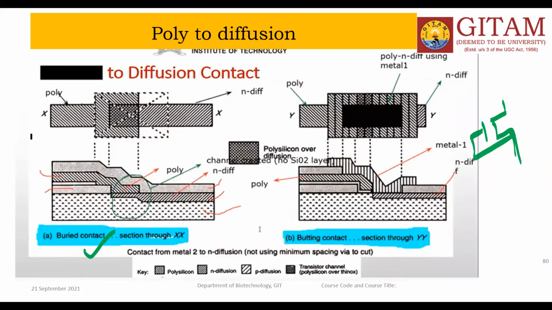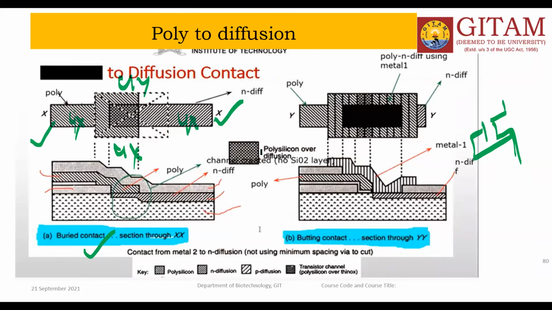So this is the poly and this is the diffusion. Take the size as 4 lambda like this, and they can come close to each other. Then join like this. So what happens in the cross-sectional view?